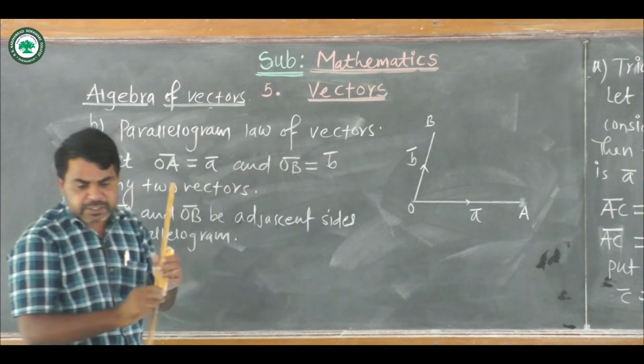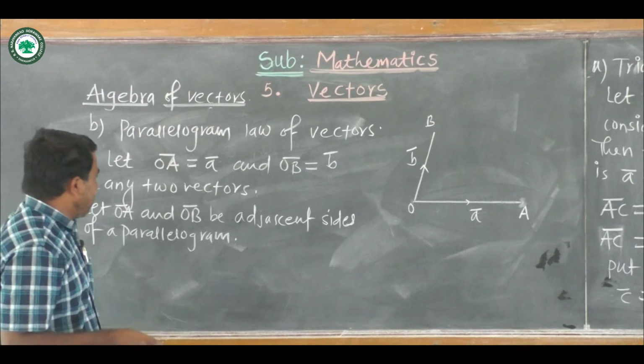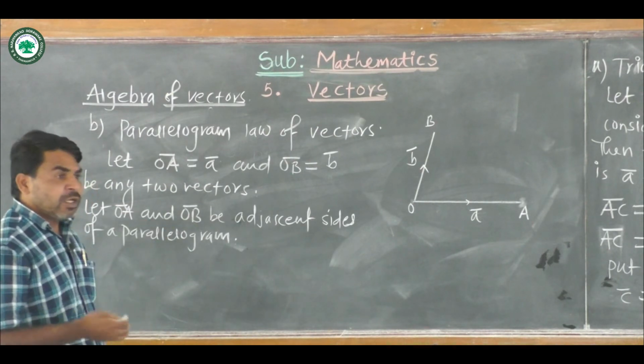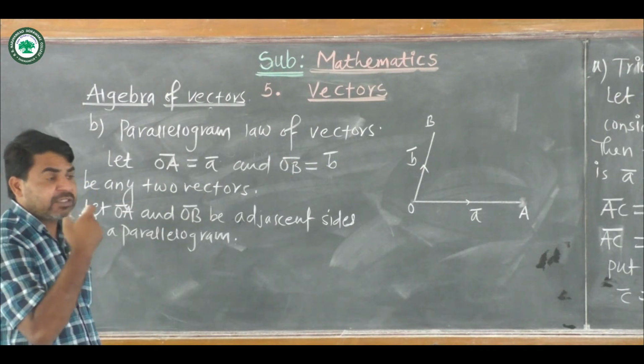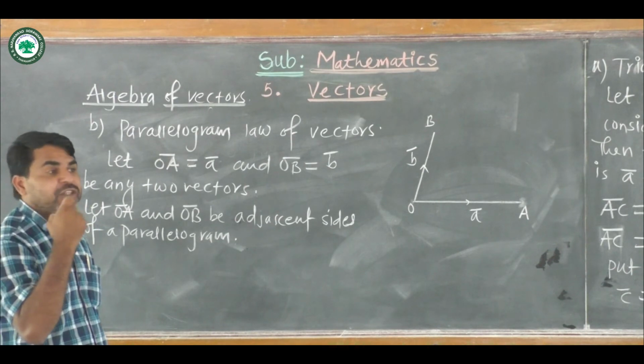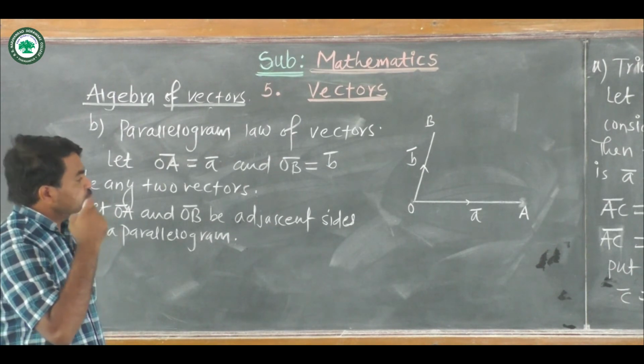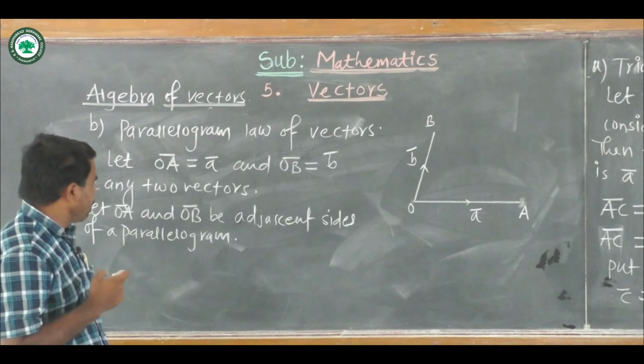We have two vectors OA bar and OB bar, and these two vectors are two adjacent sides of a parallelogram.